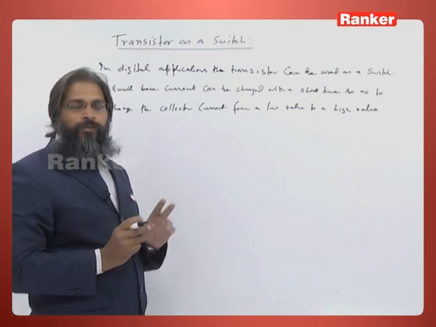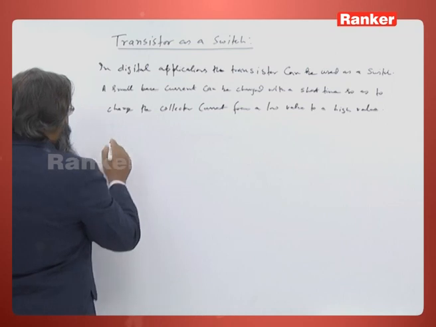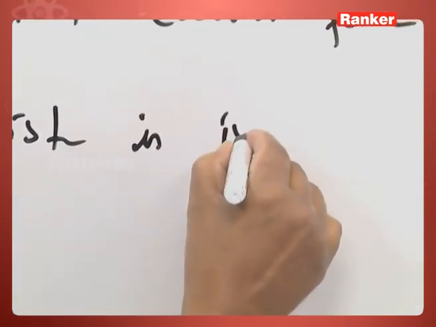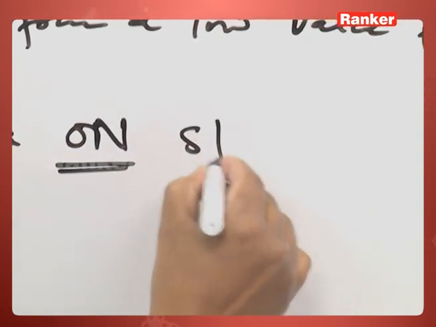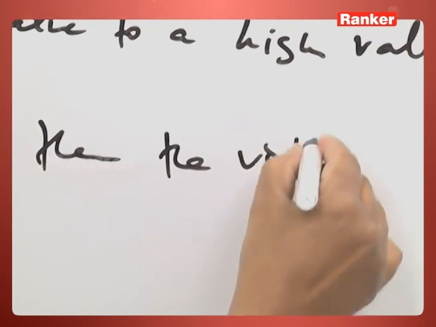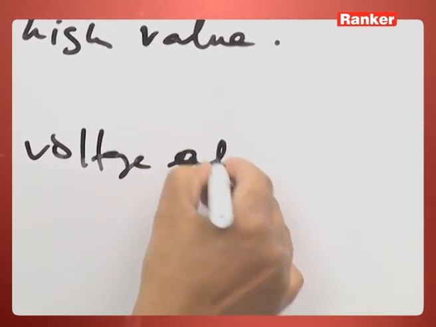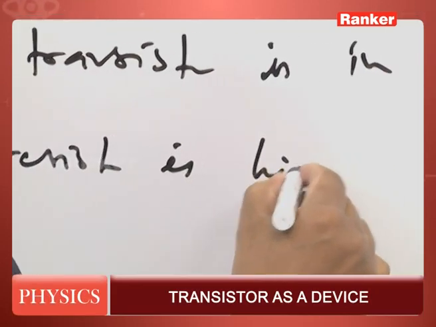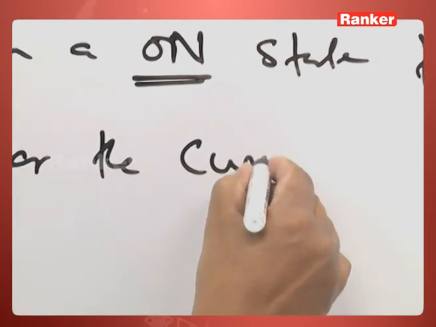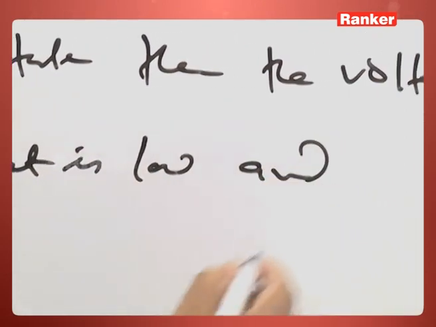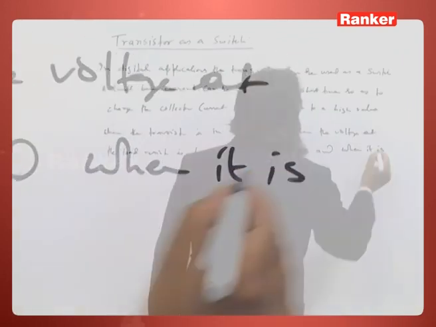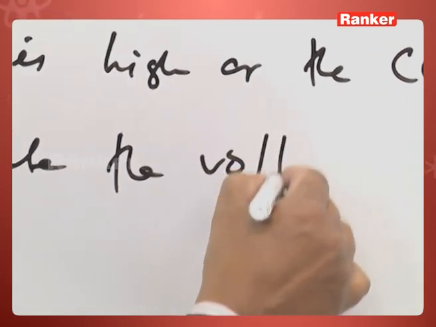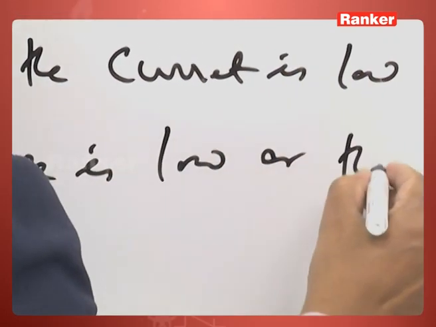In a switch there are 2 states, switch on, switch off. So, when the transistor is in an on state, then the voltage at the load resistor is high, or the current is low, and when it is in off state, the voltage is low or the current is high.